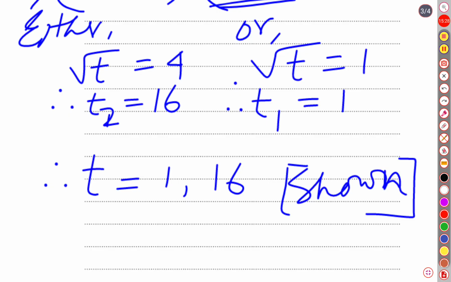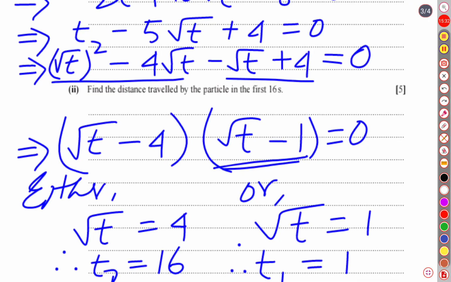Let's see what the immediate next question says. It is actually the second part of this question. It says: find the distance traveled by the particle in the first 16 seconds. It's very crucial, and if the concept is not very clear, it will be very difficult to solve this.